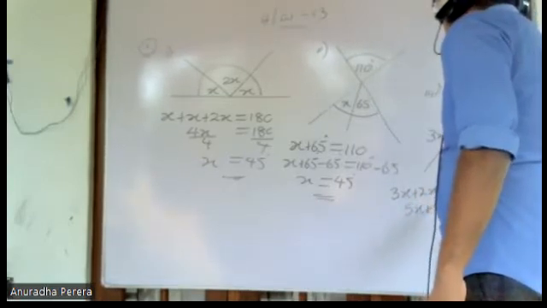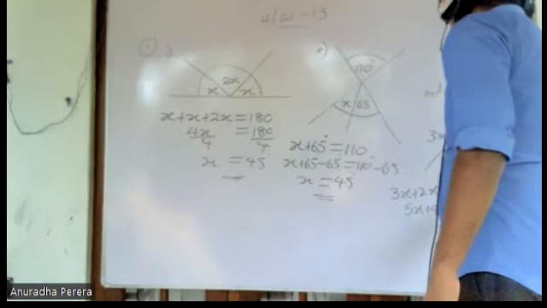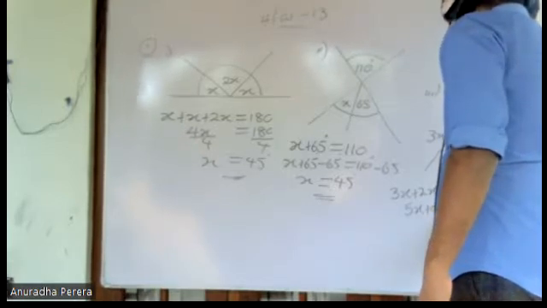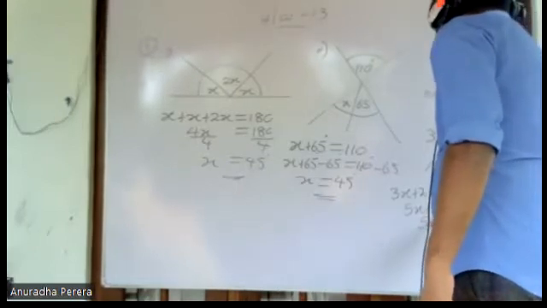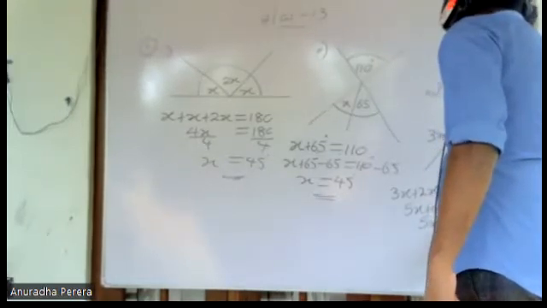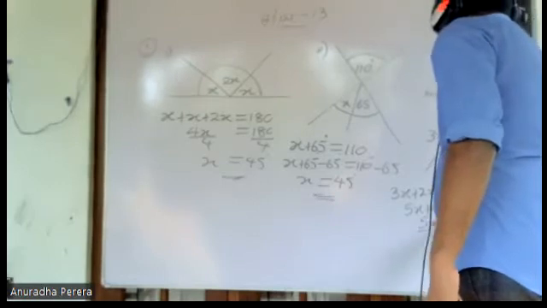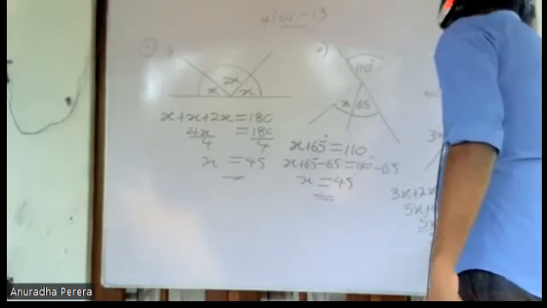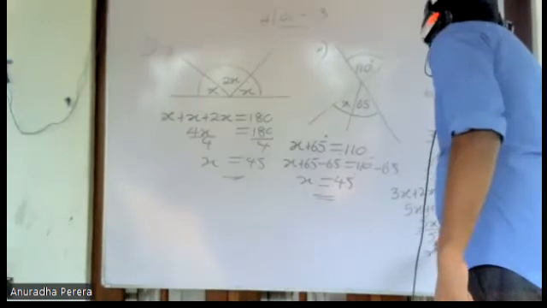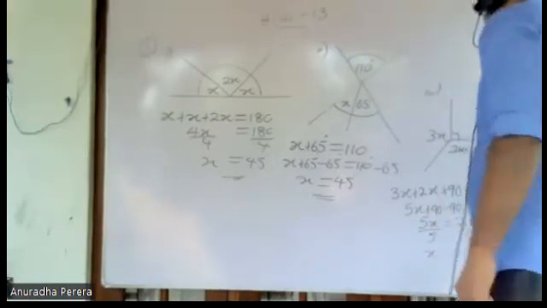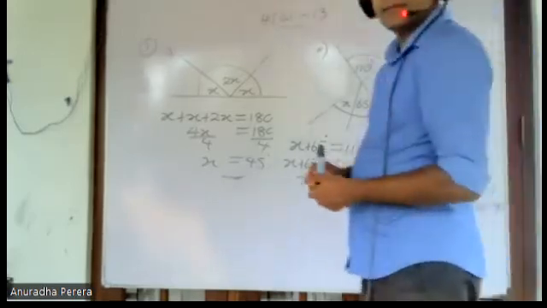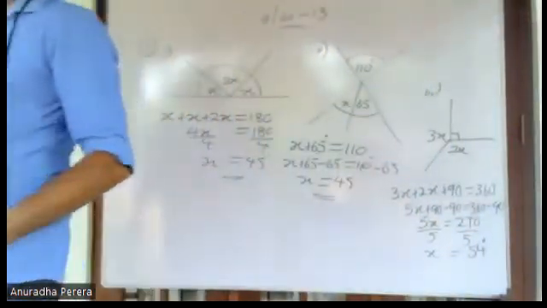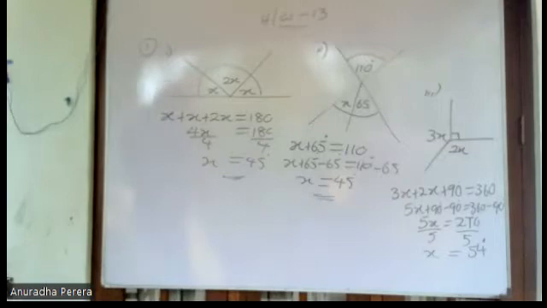Then subtract 90 from both sides. 360 minus 90, 5x equals 270. Divide by 5. x equals 54 degrees. I got the answer 54? Yes, sir.